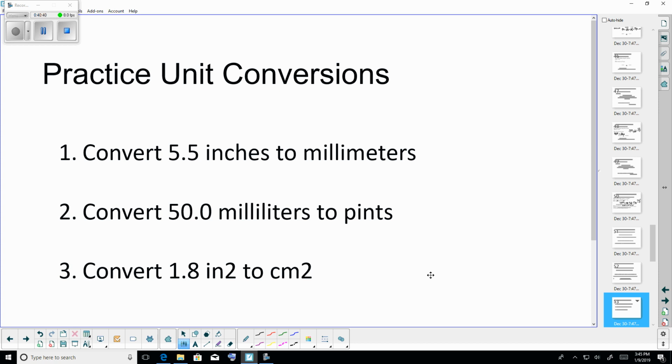The difference between millimeters and centimeters is a factor of 10. Then milliliters, the pints, you'd have to look. There's a table in your book that has conversions. You'll have an open book on the tests, so you'll have them right there.